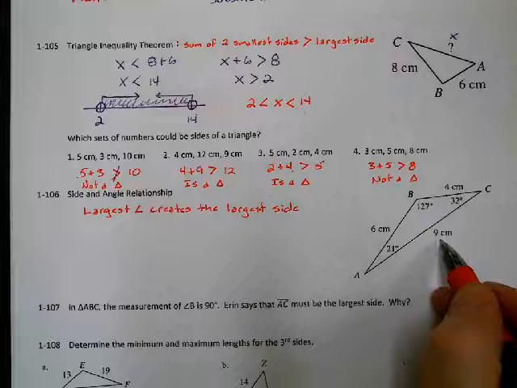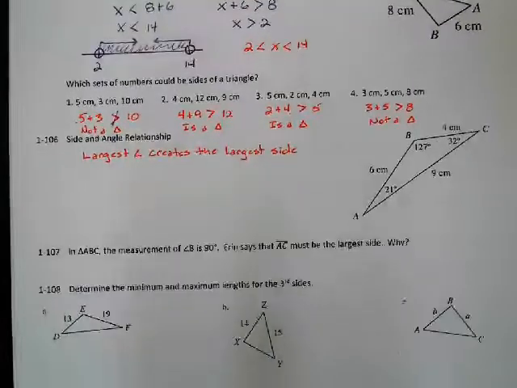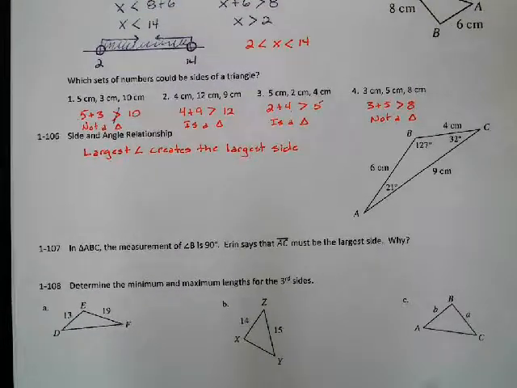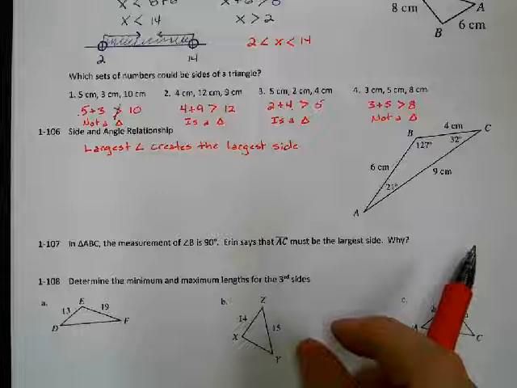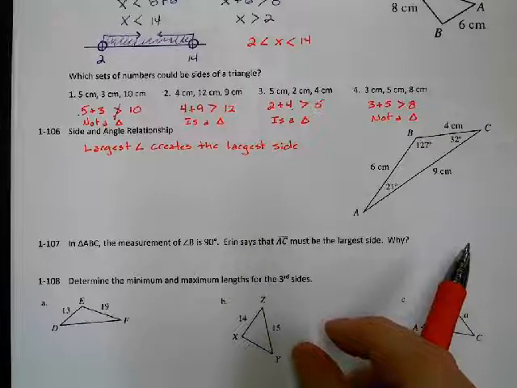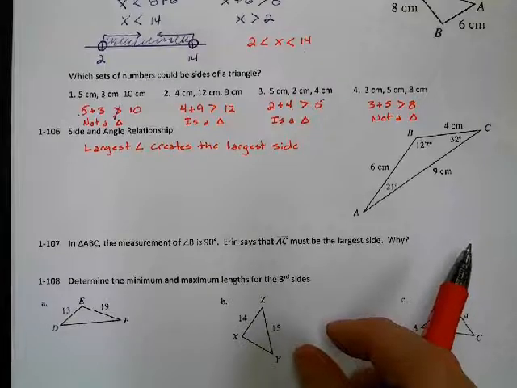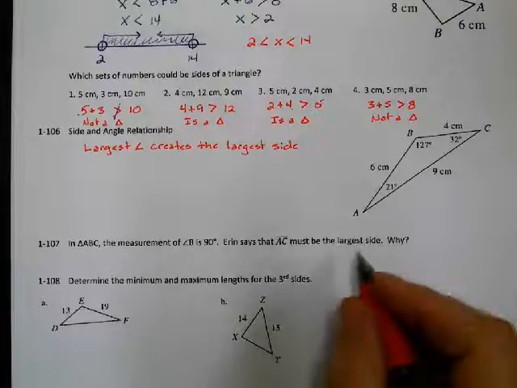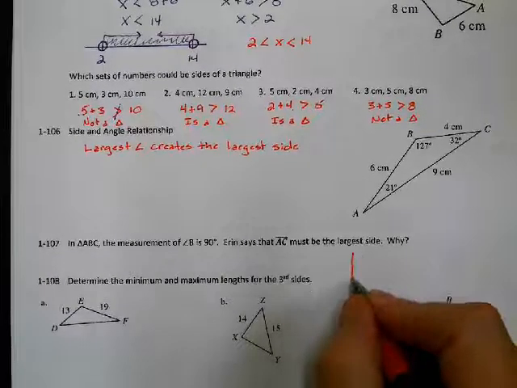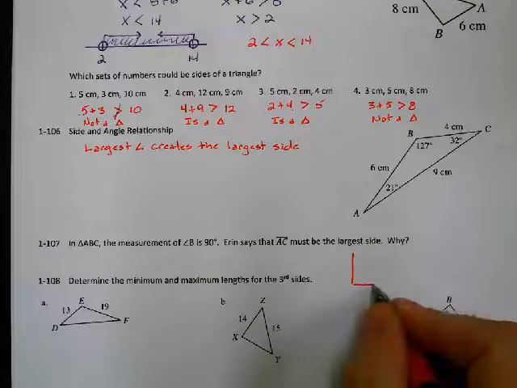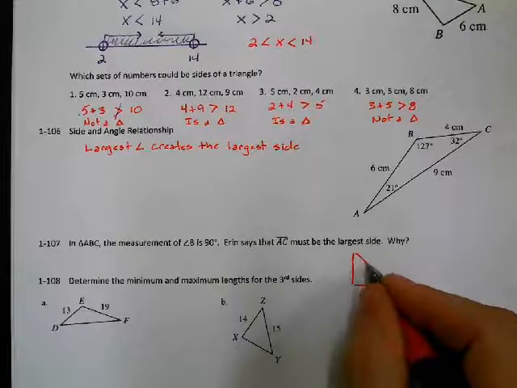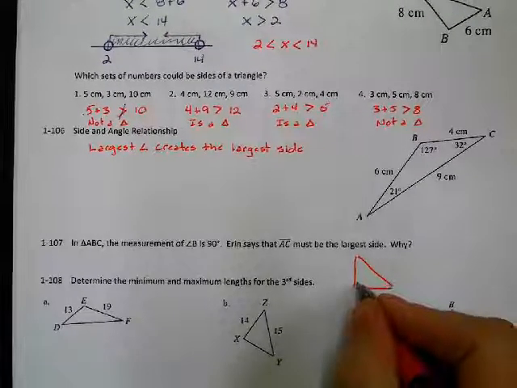All right, 107. In triangle ABC, the measurement of angle B is 90. Aaron says that AC must be the largest side. All right, let's draw this triangle first. So it says, I got a 90-degree angle in there. So here's my 90-degree angle. They said B was the 90-degree angle.